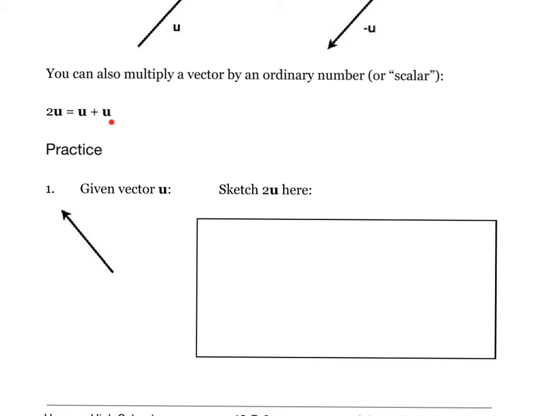So adding vectors we know how to do, and I'm going to show you this example. I've got my vector u on the left, which we looked at. If I want to add two of them together, I'll draw them in that head to tail fashion. I'll start down at the bottom of my box, and I'll draw my first vector u that represents a copy of the original, and then I'll draw a second one on the end of the first one.